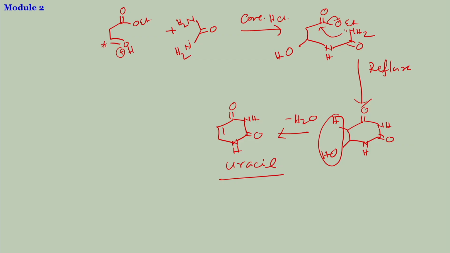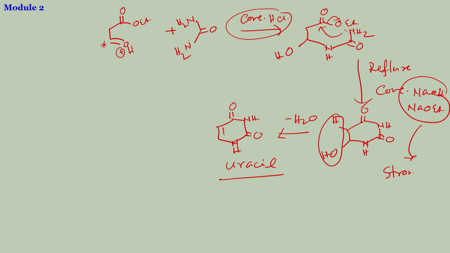Now, the problem of these kinds of methods is that you have to use a high amount of concentrated acid. Then in this case you sometimes need to hydrolyze the ester, by using concentrated sodium hydroxide, concentrated base, or sometimes even stronger base, sodium ethoxide. So, very strong base, and you have to use high temperature reflux.